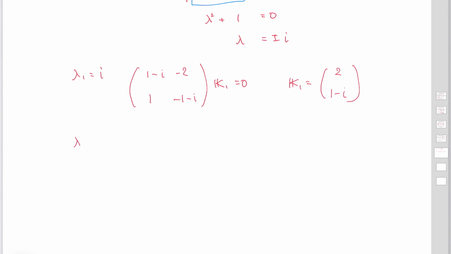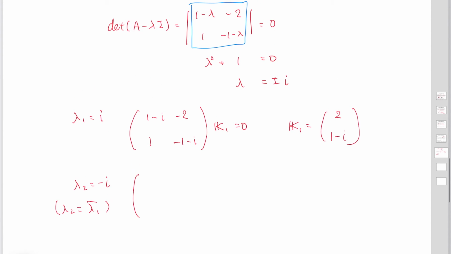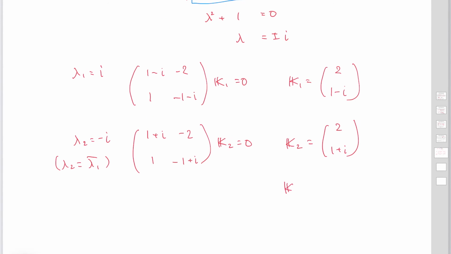Also, for lambda sub 2 equals minus i, which is the complex conjugate of lambda sub 1, we substitute into the equation: 1 plus i, minus 2, 1, minus 1 plus i, times k sub 2 equals 0. So we find k sub 2 is 2, 1 plus i. From this, we can confirm k sub 2 is the complex conjugate of k sub 1.